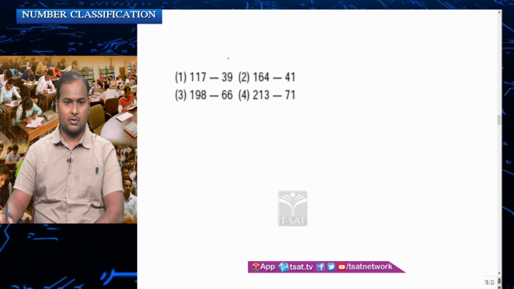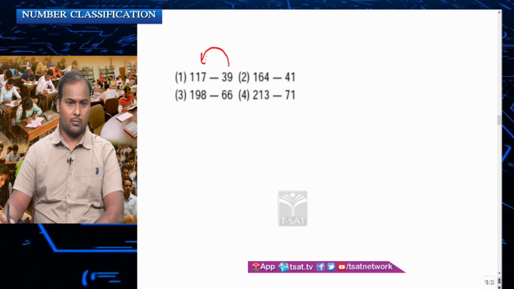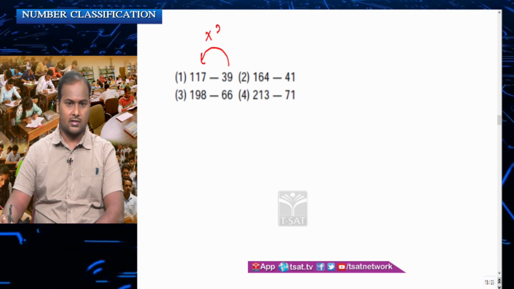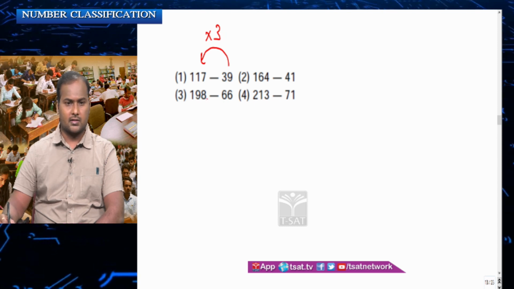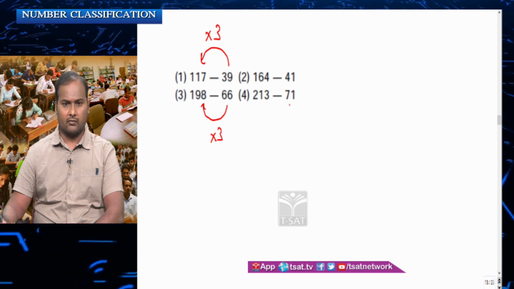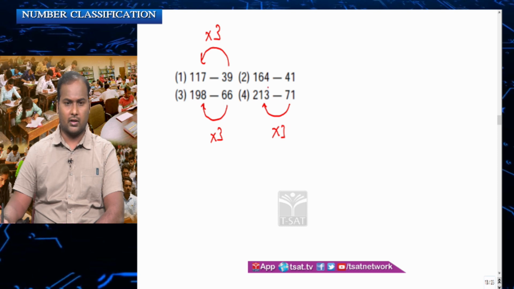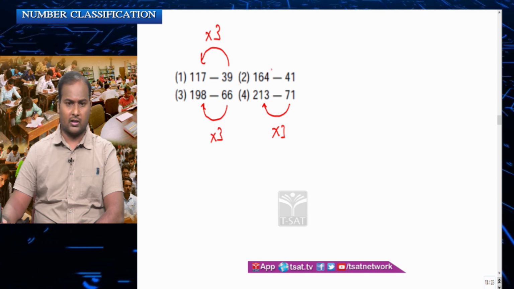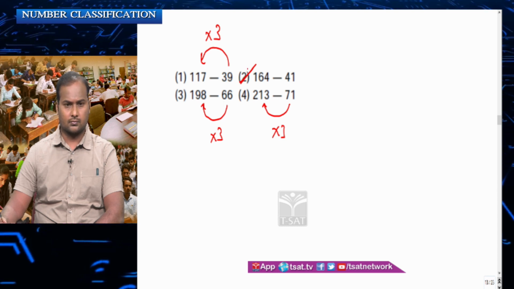For example, 39 and 117, it is multiplied by 3 times. So it is just a multiplication here. In the same way, 66 times 3 is 198. In the same way, 71 multiplied by 3 gives you 213. So 41 times 3 is 123. So option 2 is the answer.